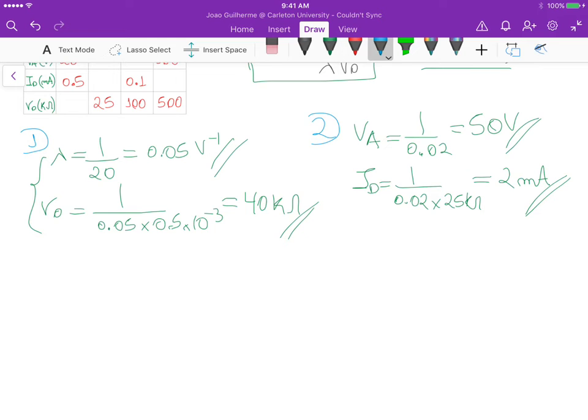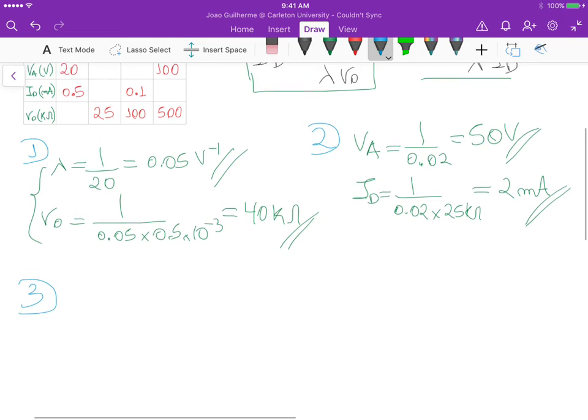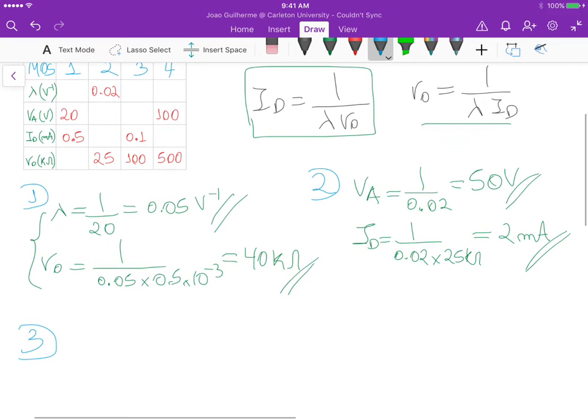Now for the third transistor, we have the drain current, that's 0.1 milliamperes, and the output resistance, that's 100 kilo ohms. So we can calculate lambda using this equation here because we know the drain current and the output resistance.